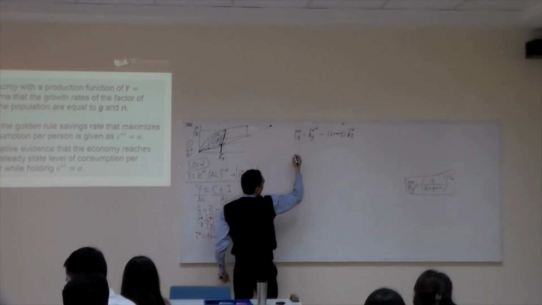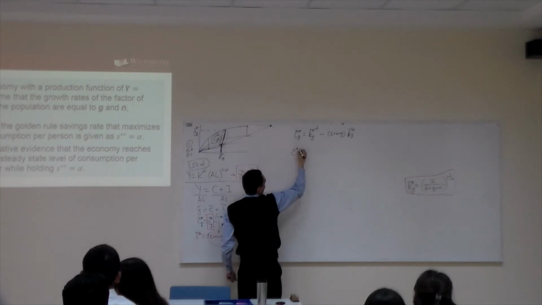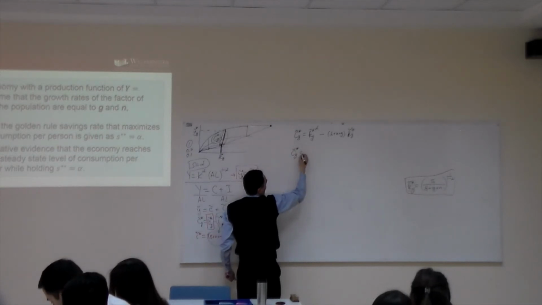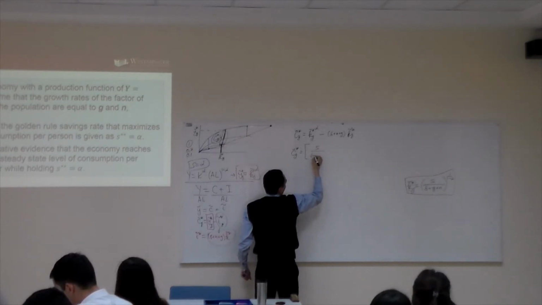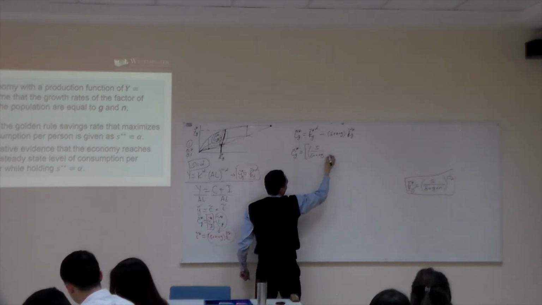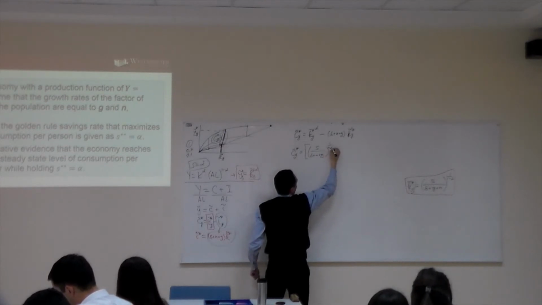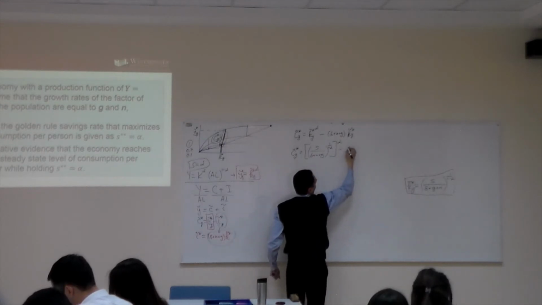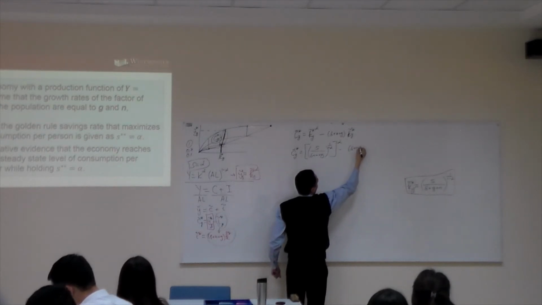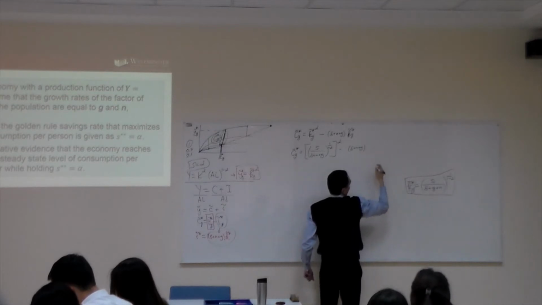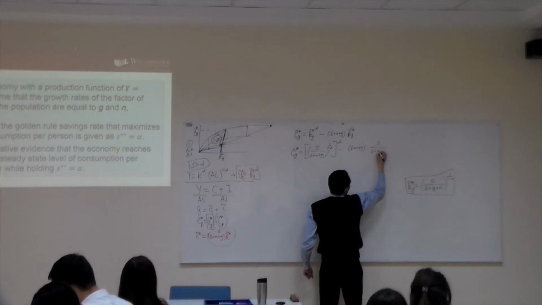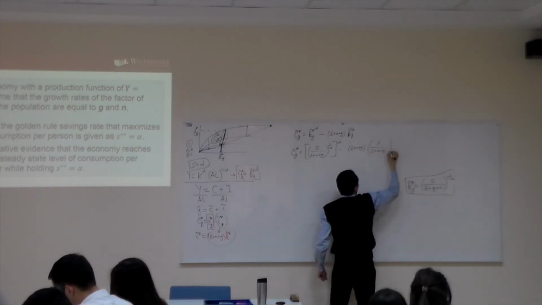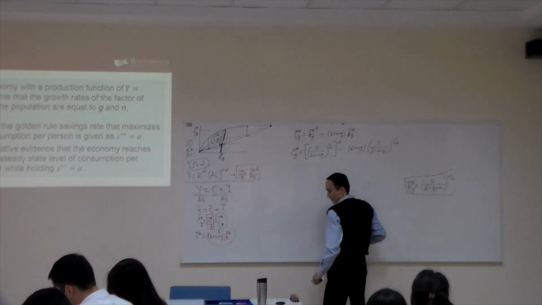So now if we write it here, capital per effective labor in the golden level is equal to saving rate over delta plus n plus g, to the power of 1 over 1 minus alpha, to the power of alpha, minus delta plus n plus g times saving rate over delta plus n plus g, to the power of 1 over 1 minus alpha.